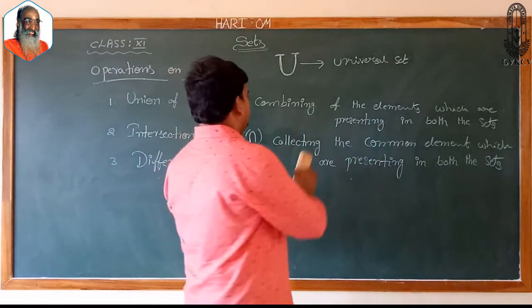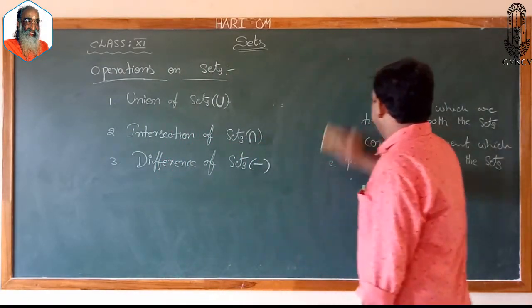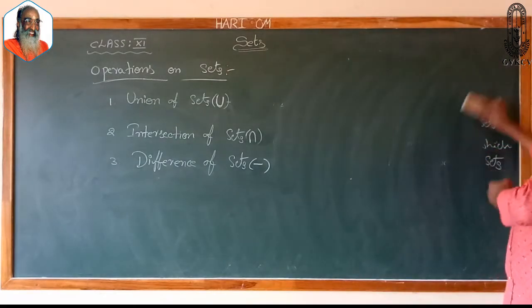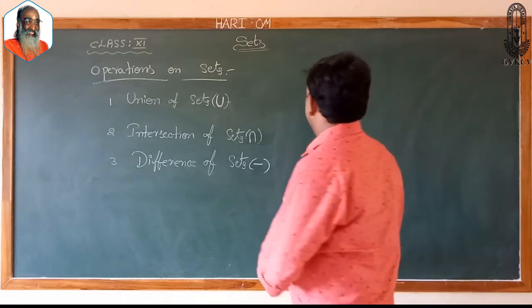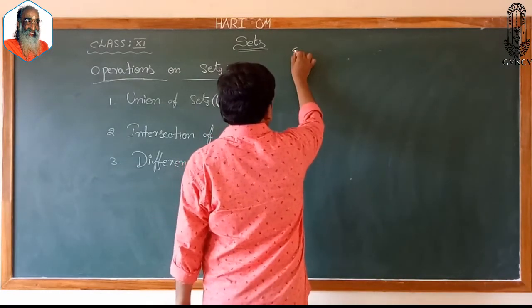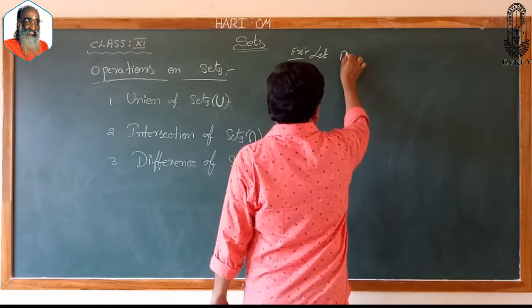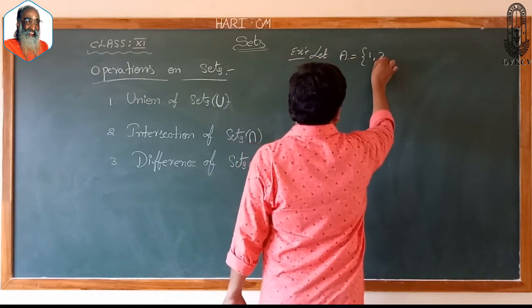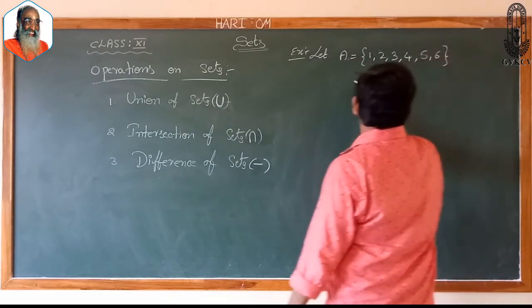Now let us see one example so that you can have more clarity regarding the operations on sets. In next class we see still more problems. For example, let A is equal to 1, 2, 3, 4, 5, 6.